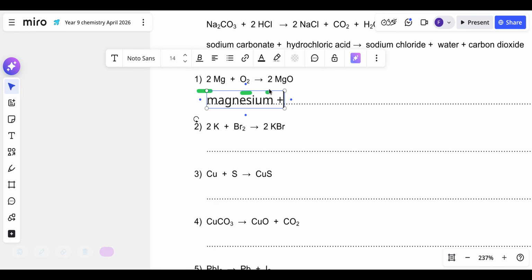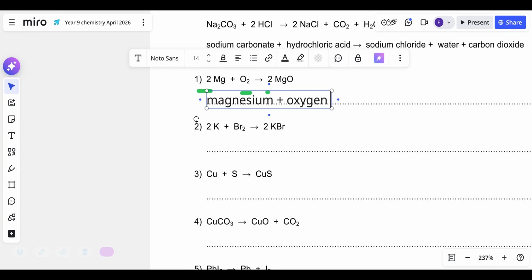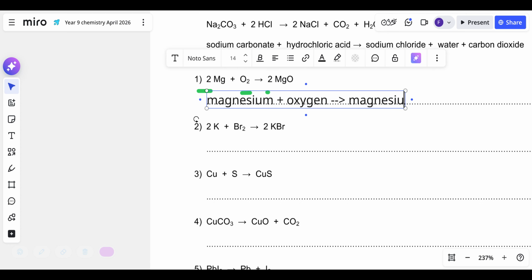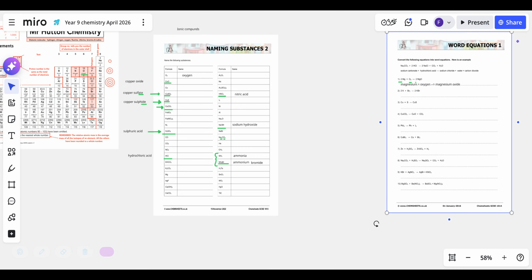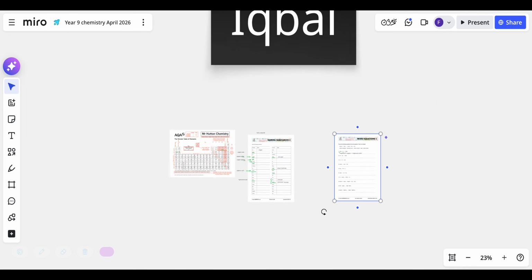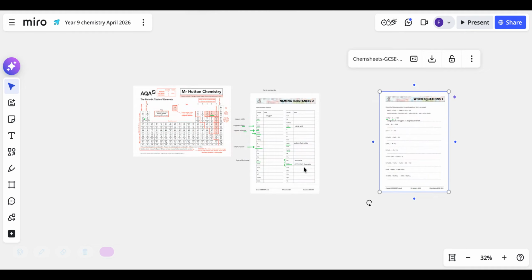Plus, now it's O2. This is diatomic, it's just oxygen. And you form magnesium, and a lot of people at this point will say oxygen, but it's not oxygen, it's reacted, magnesium oxide. Okay. Those are your tasks. It is not nice, it is not easy, not because it's difficult, it's because it is not something you do every day.